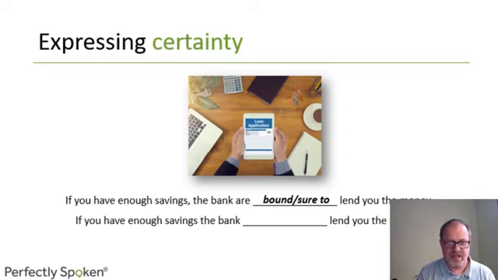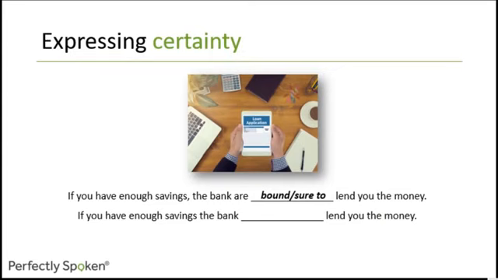And then again, if you want to use the adverb, if you have enough savings, the bank, well, this is positive, so it comes after the auxiliary and before the verb, will definitely lend you the money.